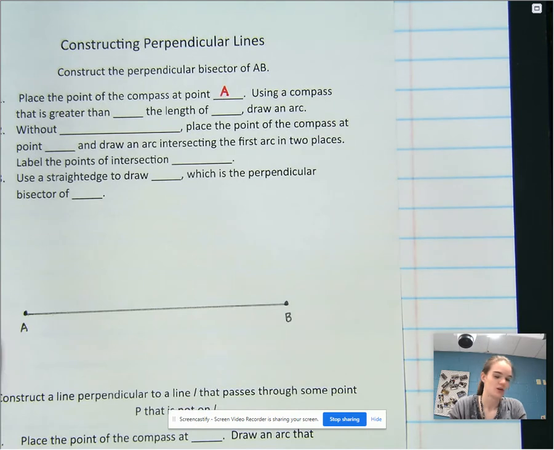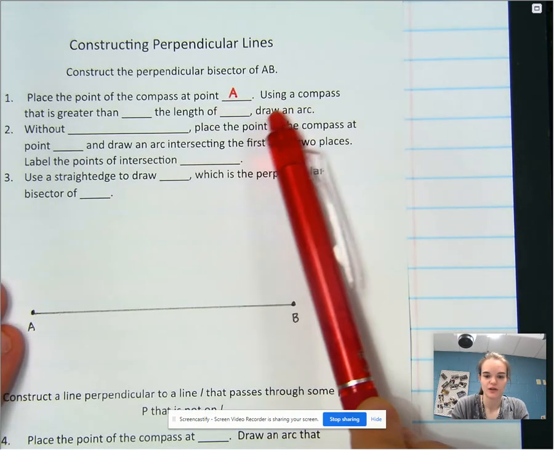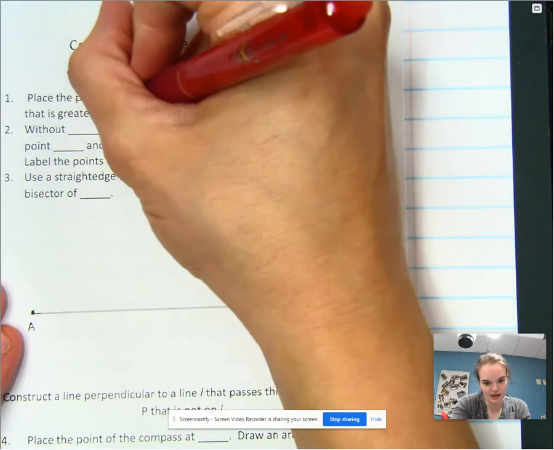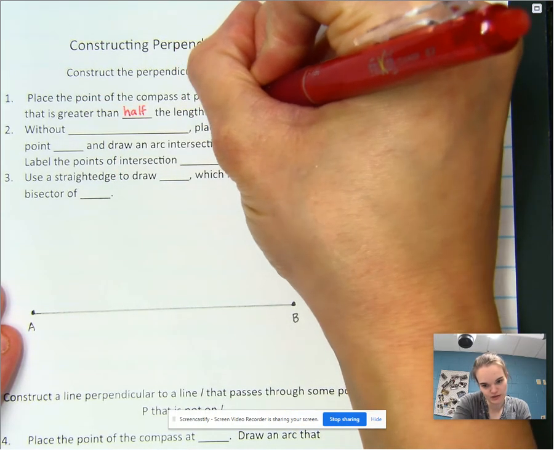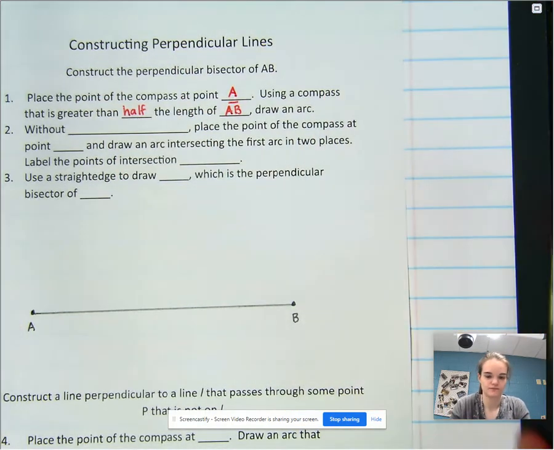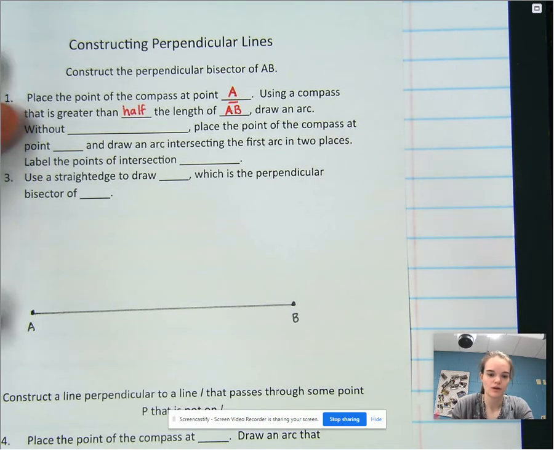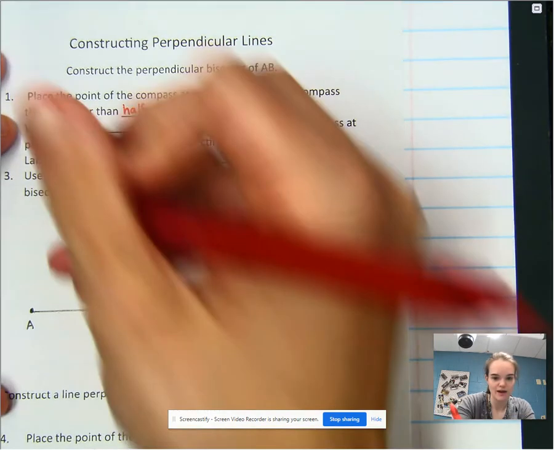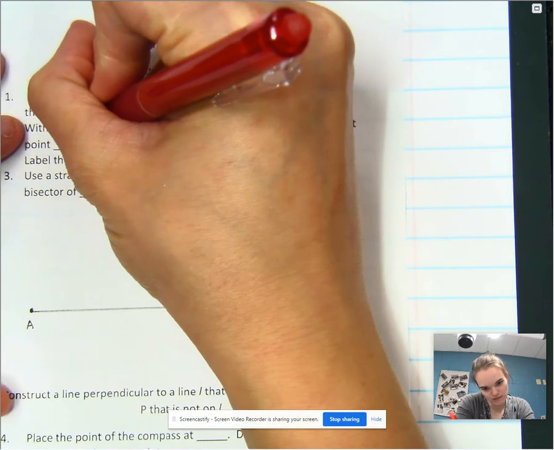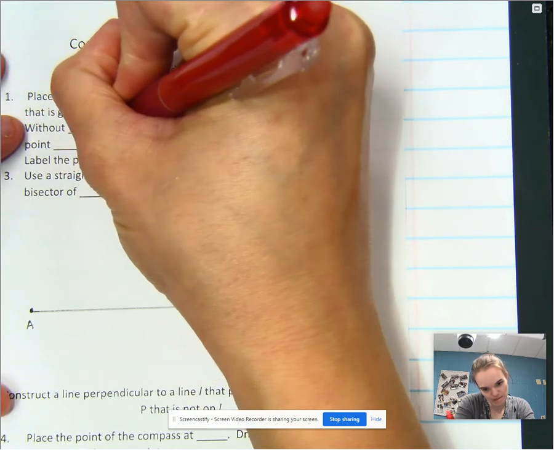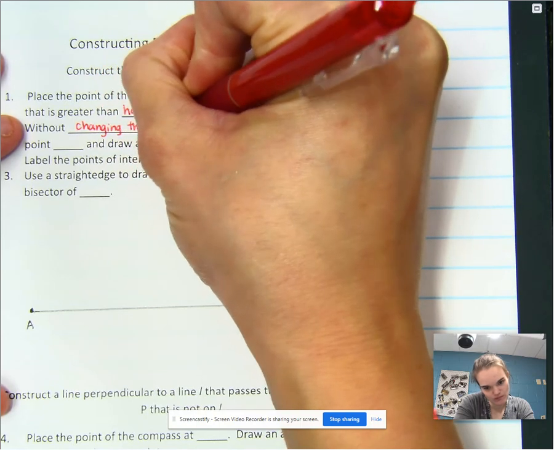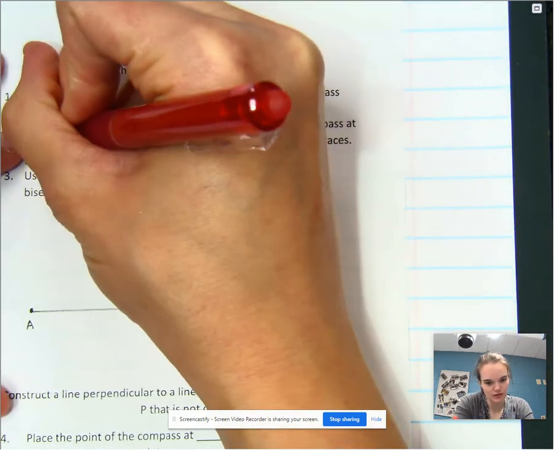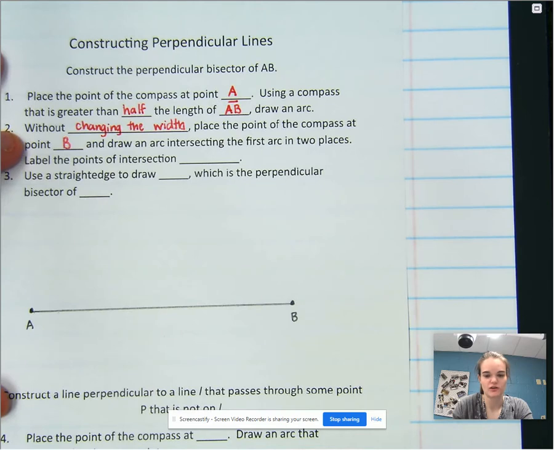Okay, sorry. So place the point of the compass at A. Using a compass width that is greater than half the length of AB, draw an arc. We've done this. We're going to keep going with the directions. Without changing the width, place the point of the compass at B and draw an intersecting arc.